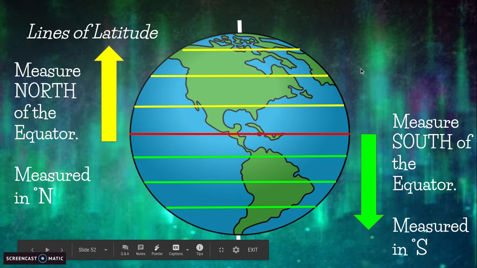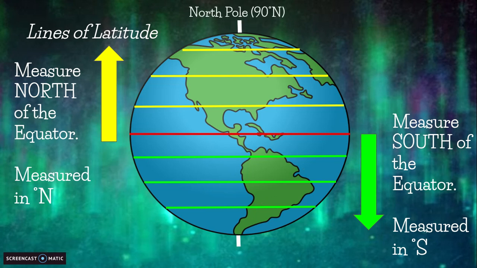The highest north you can possibly go is 90 degrees north, and that is known as the North Pole. And the highest degree of latitude south is 90 degrees south, and that is the South Pole. So if the equator is your starting point, the North and the South Pole are your finish lines. Again, just a reminder, lines of latitude measure north and south of the equator.